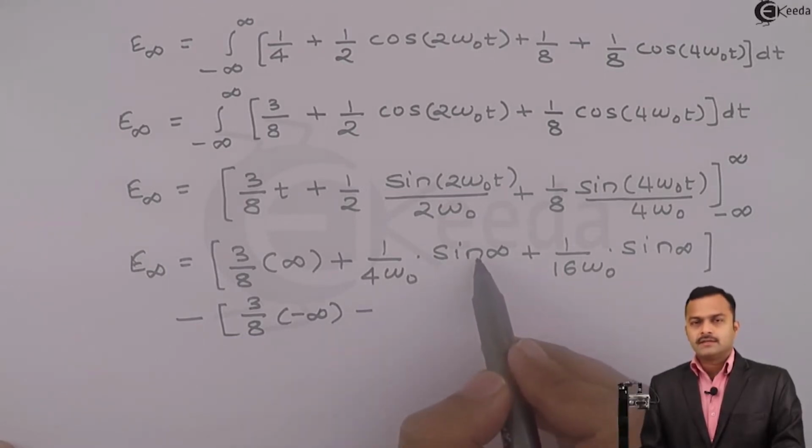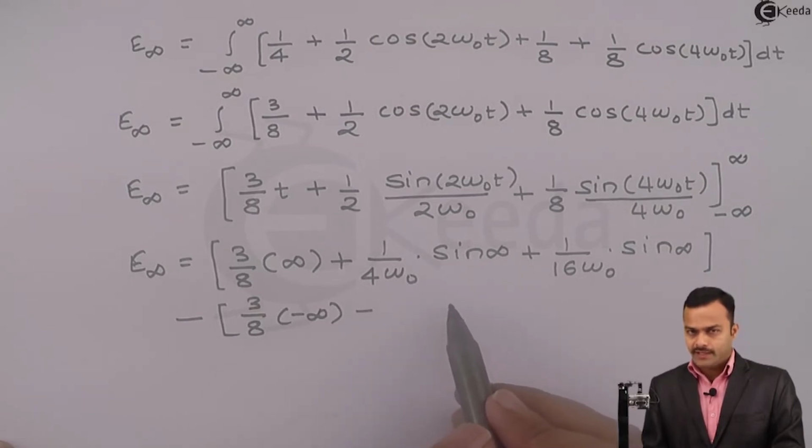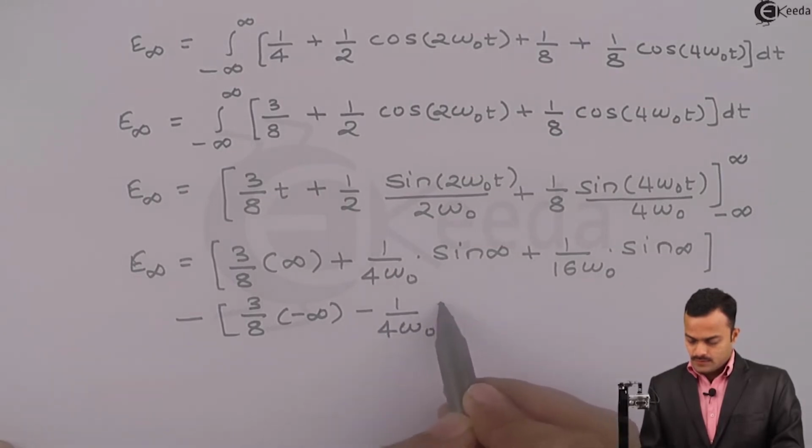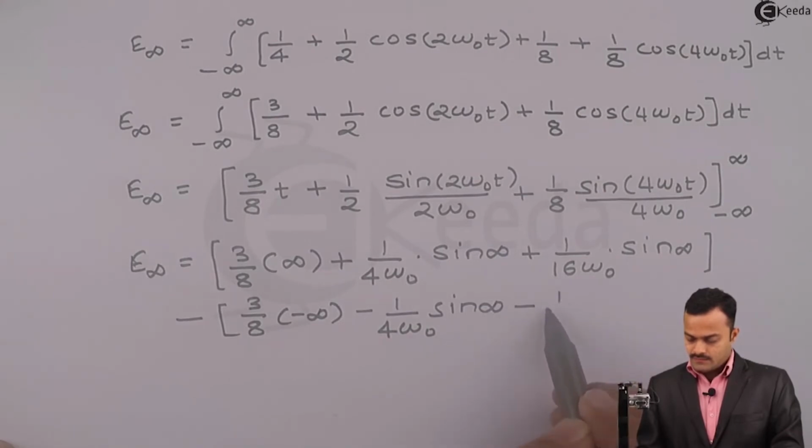If I put here sine minus infinity, it will give me minus sine infinity. So in the end, I will get minus 1 by 4 omega 0 sine infinity minus 1 by 16 omega 0 sine infinity.